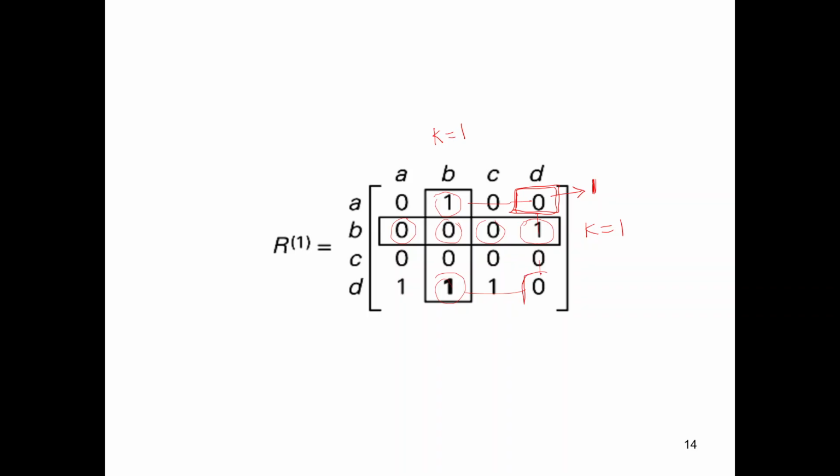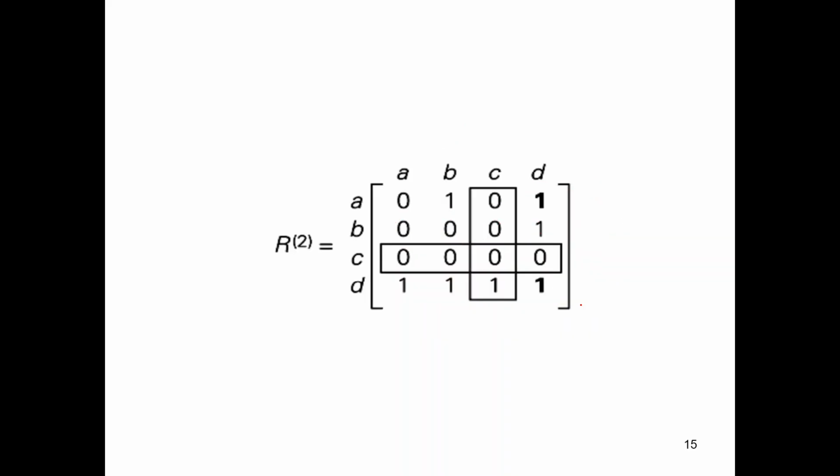So their intersection is this. Okay, just focus on the ones, their intersection is at this position. So this should become 1. Okay, so our R1 will get ones added over here. Okay, and this is our R2. Now in R2, we will consider k equal to 2 column and k equal to 2 row.